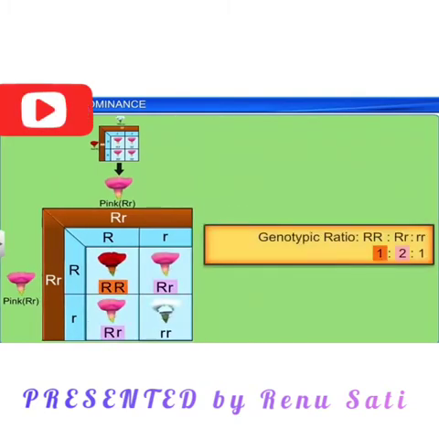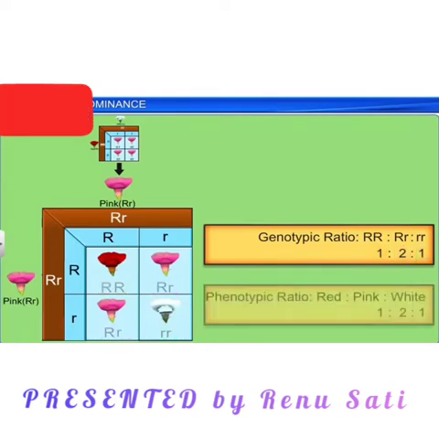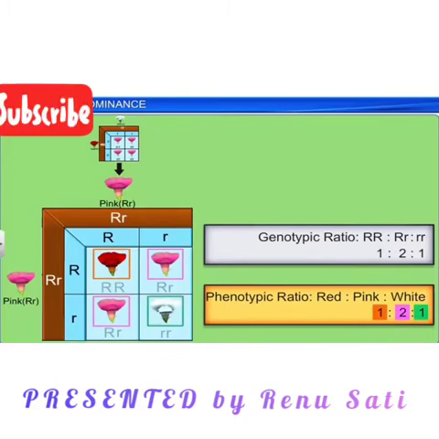During the second generation, the F2 generation, when selfing was done, the genotypic ratio was 1:2:1, exactly similar to the monohybrid cross genotypic ratio of Mendel's pea plant, but here the phenotypic ratio is also red, pink and white 1:2:1.